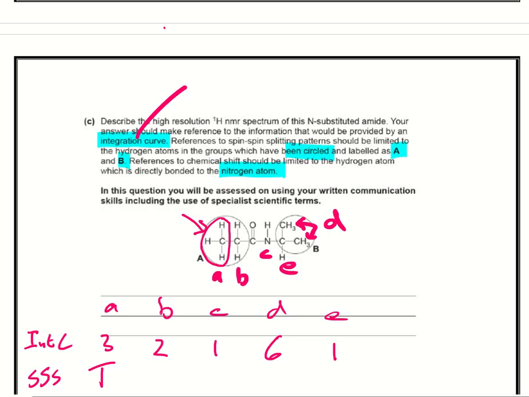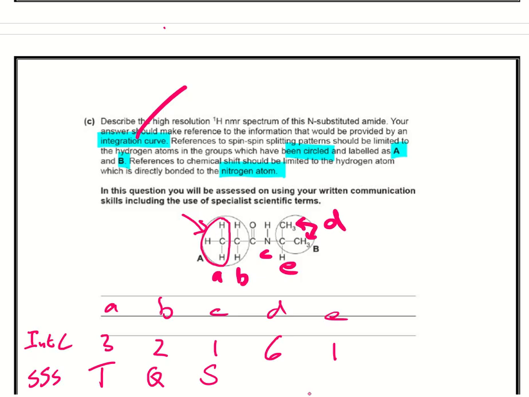B here is next to a CH3, and on the other side of it there is a CO, so that's going to split to a quartet. My NH, which is C, NH is never split, so that's going to be a singlet.